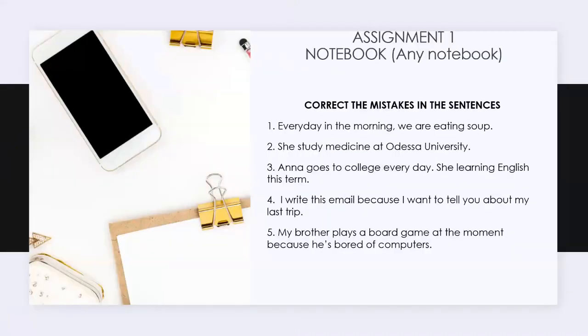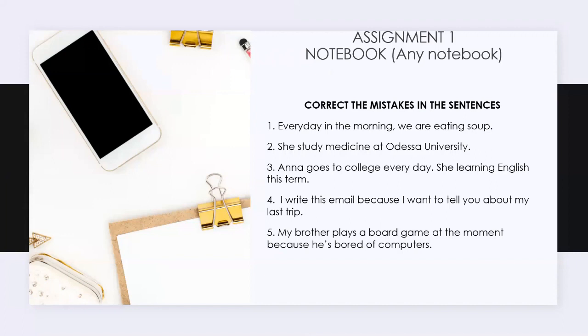Now, for your homework, because this is a lesson using our workbook, I just have to explain the homework. For your homework, please use any notebook, okay? If you don't have a notebook right now, it's okay. Use any notebook, even the notebook from 7-Eleven for 10 baht.